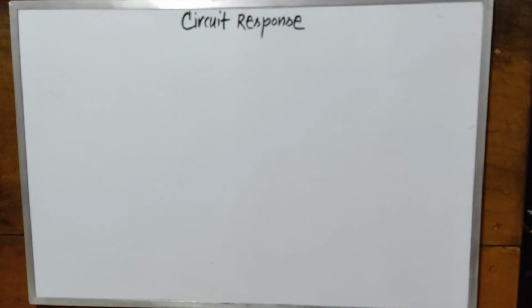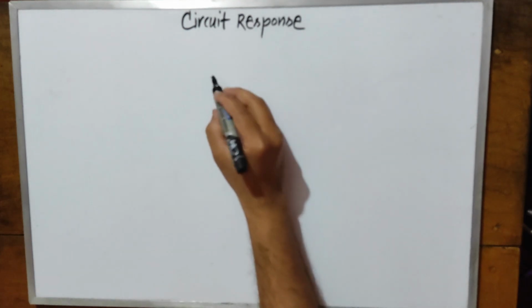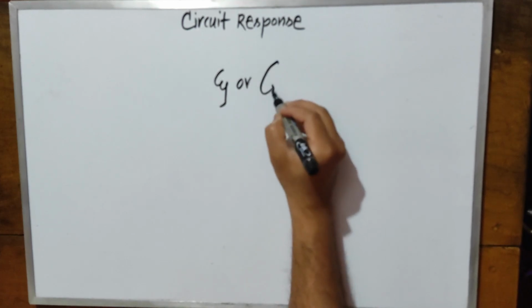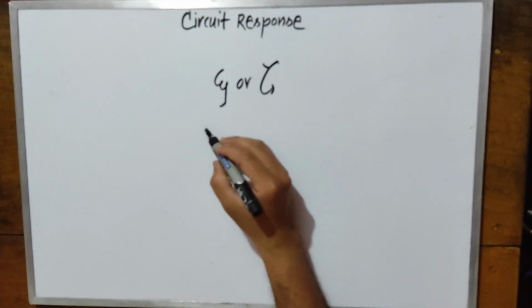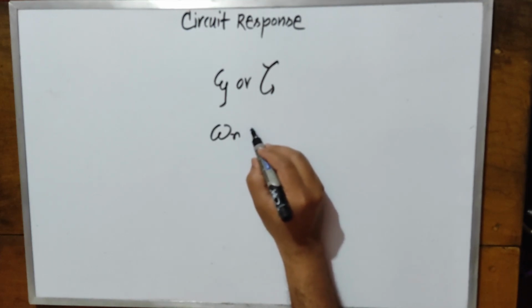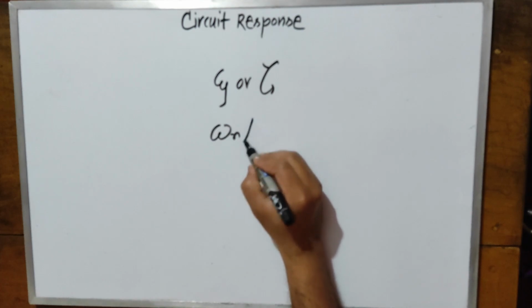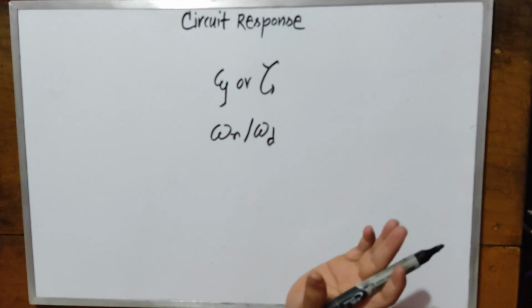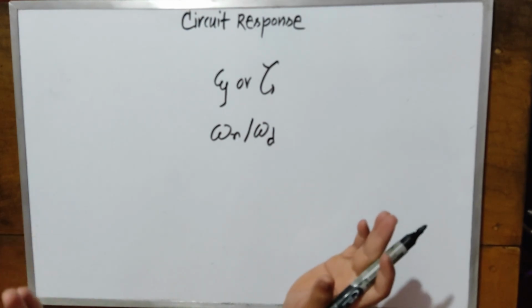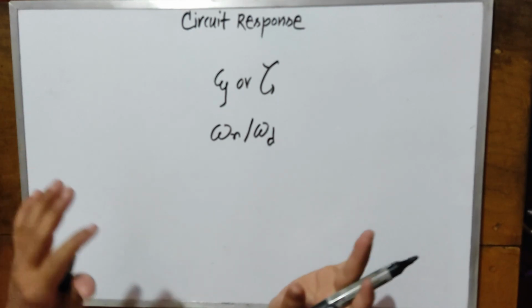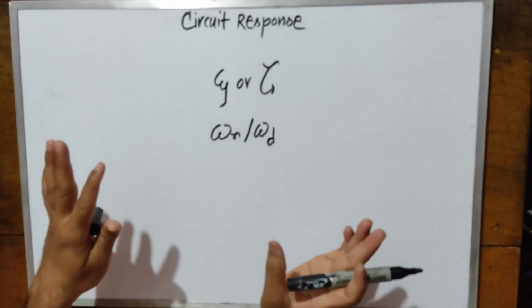And how the terms psi or zeta, however you may write it, zeta and omega n, and as a matter of fact omega d, define a system's behavior. It doesn't have to be an electrical system, it can be any kind of dynamic system.